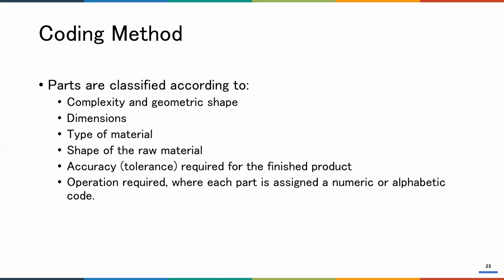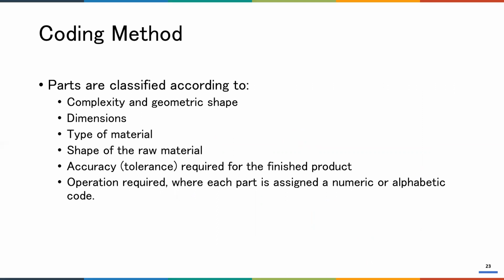And the second one is the code method, or coding method. In the visual method, we are basically only looking at shape. In the coding method, we break down all the products into several different classifications, and then we make a code, a numbering, or a label based on the different types of classification.